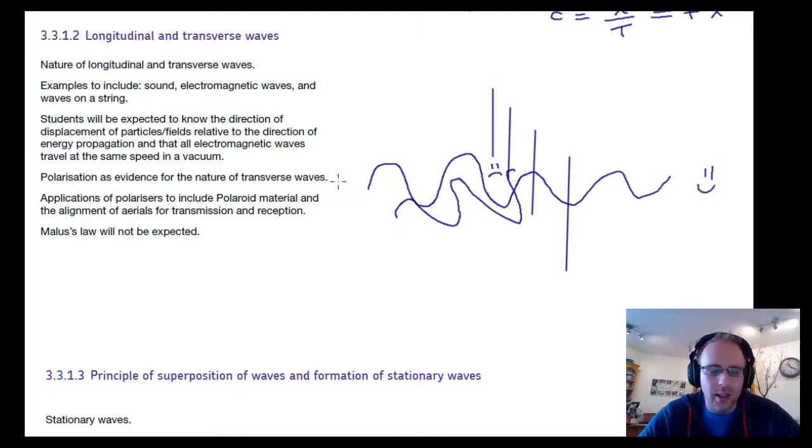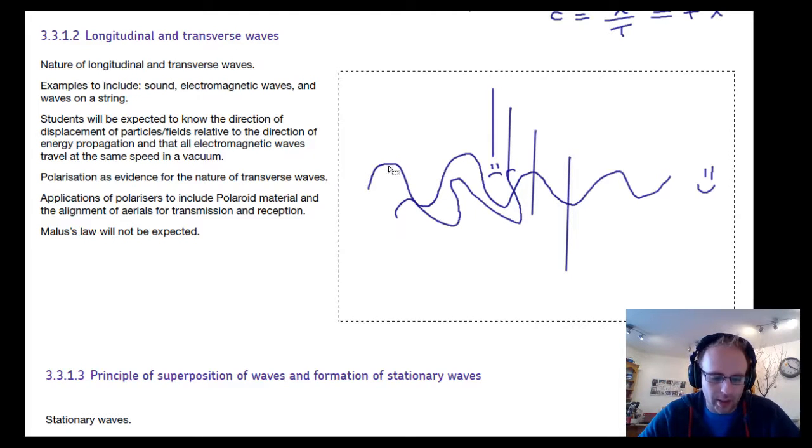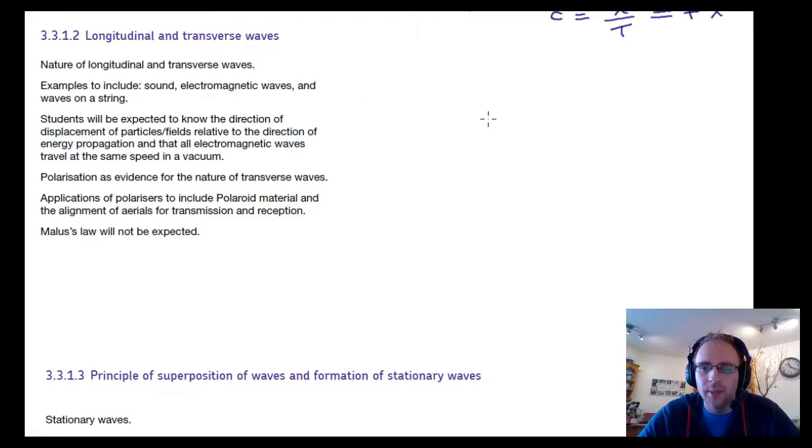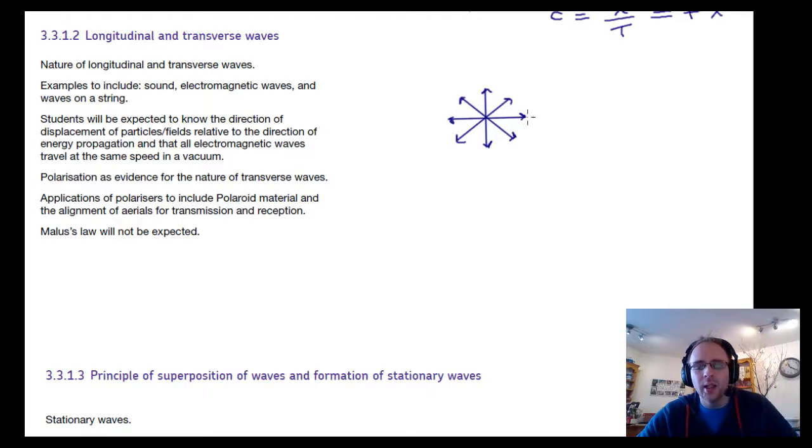So a polarizer, how else can we imagine it? If we're looking straight ahead at a source of transverse waves, for example a light bulb, then although we've got displacement which is perpendicular to the direction of wave travel, the orientation, the plane of that wave, can be in any direction.